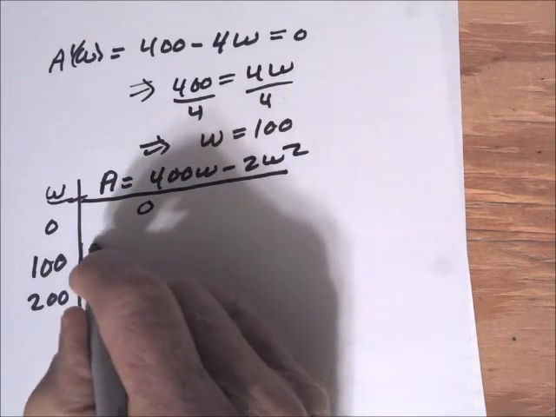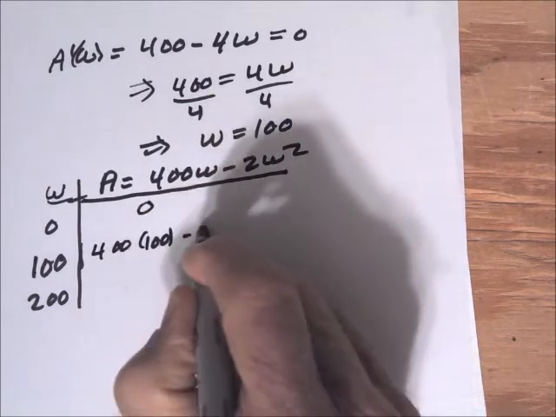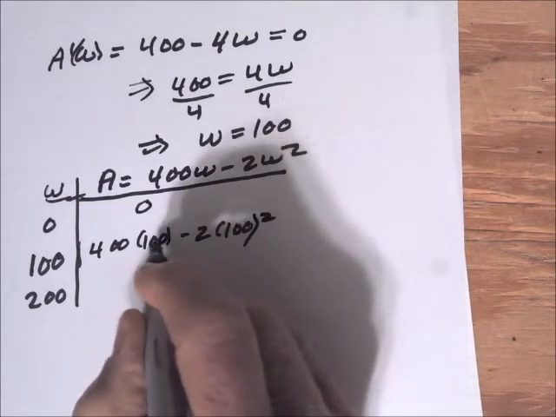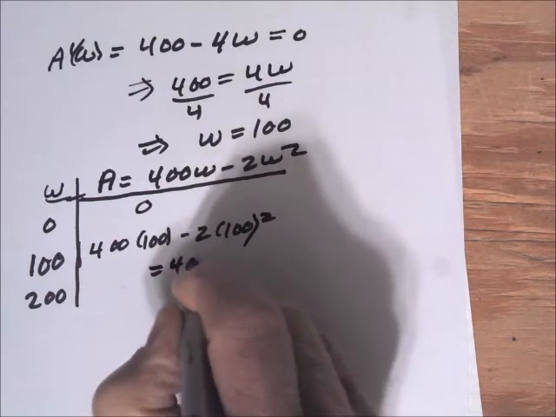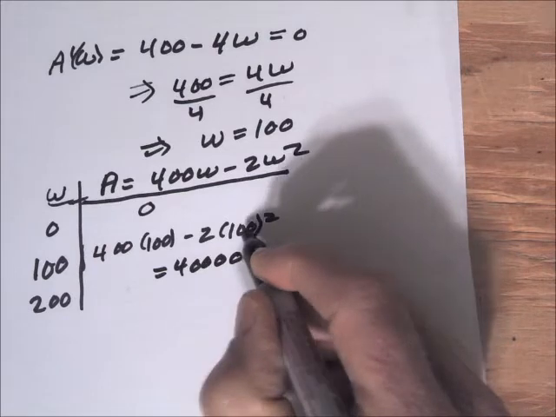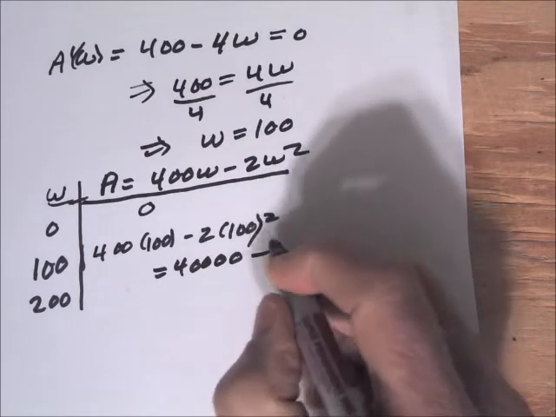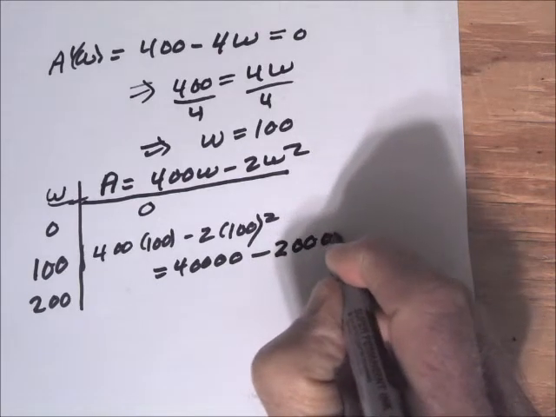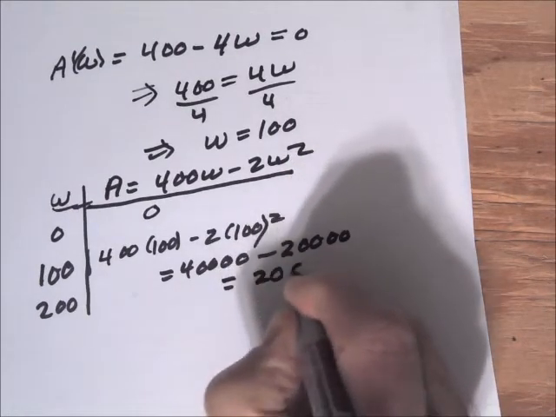Put in 100: 400 times 100 minus 2 times 100 squared. 4 times 1 is 4, and you had 4 zeros there, so it's going to be 4 followed by 4 zeros. And this 100 squared, 1 squared is 1, and you have 4 zeros there. So 1 followed by 4 zeros, then you multiply by 2. So 2 followed by 4 zeros. So it's 40,000 minus 20,000, and you get 20,000.